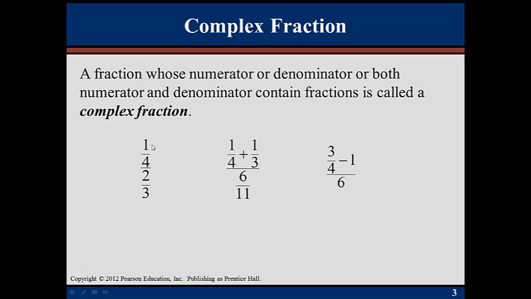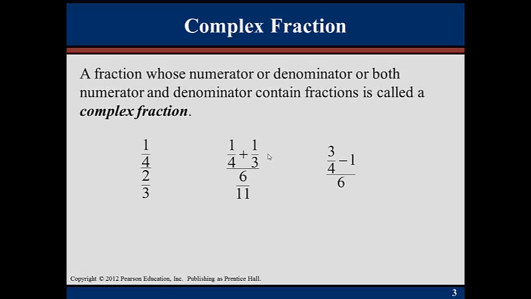The first one says 1 over 4 divided by 2 over 3. We can say this as 1/4 divided by 2/3. In our numerator, we have the fraction 1/4, and in our denominator, we have the fraction 2/3. Second example, it says 1/4 plus 1/3, all divided by 6/11.